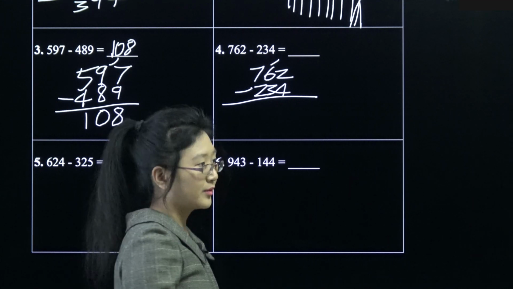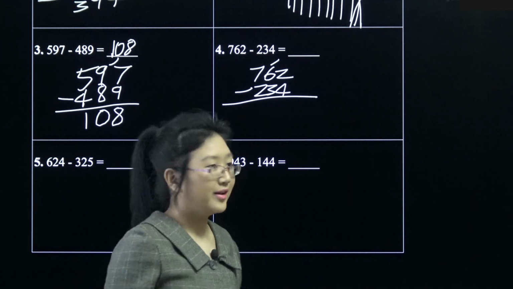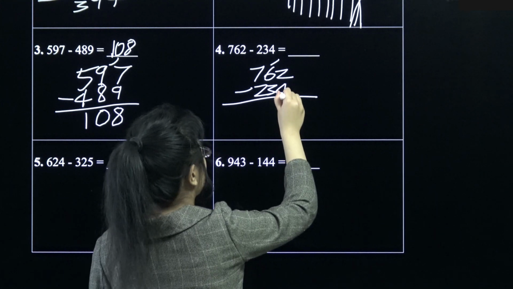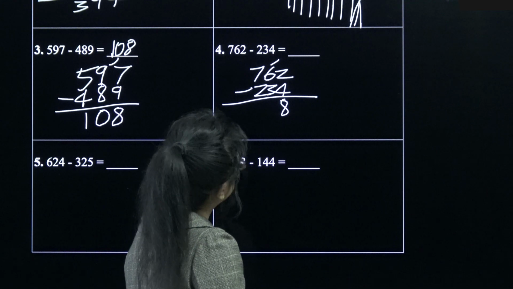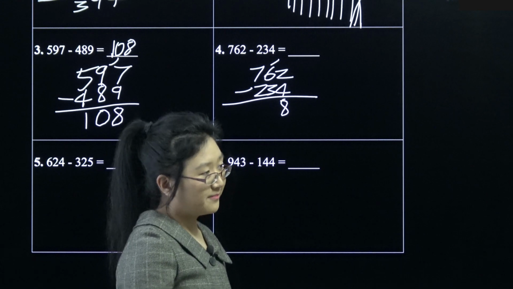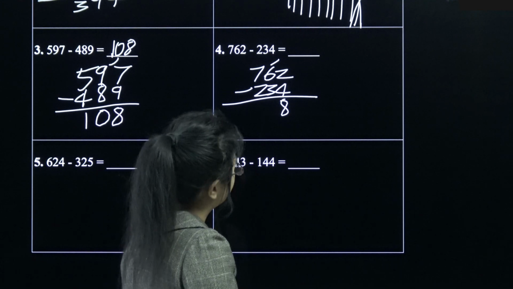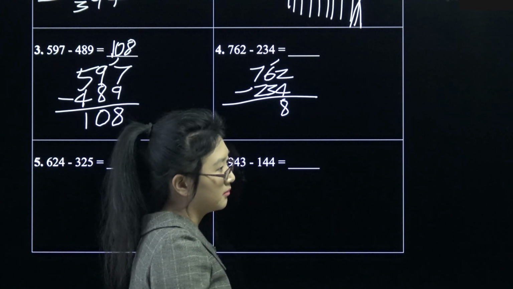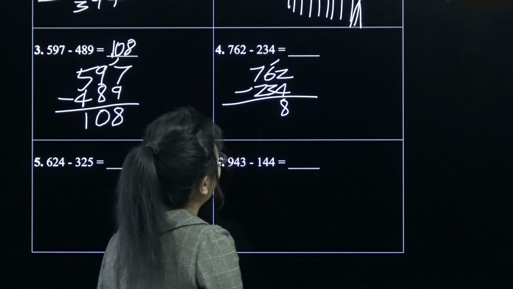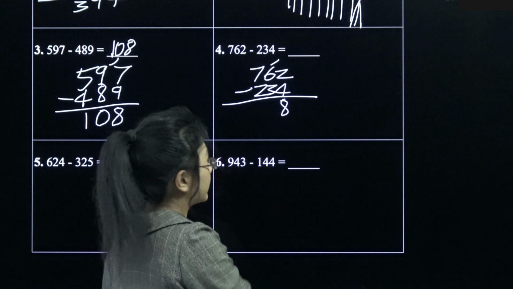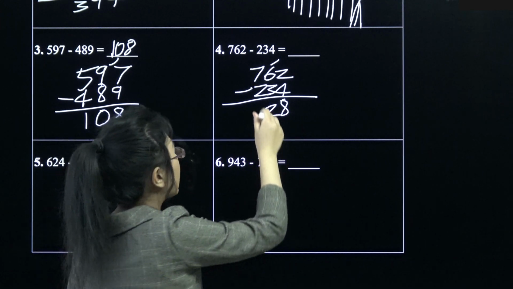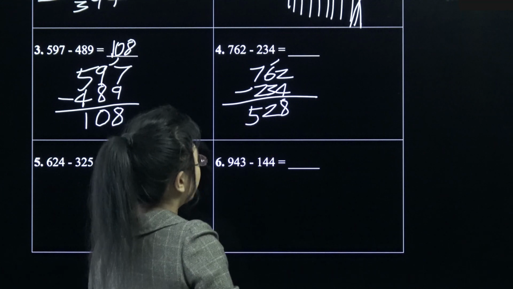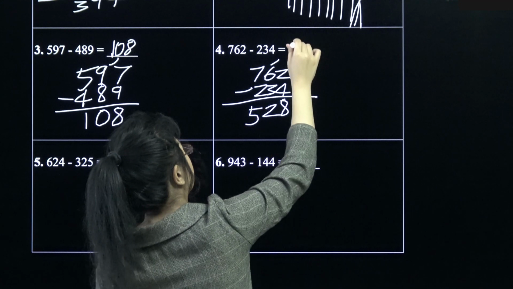We get 2 plus 10, guys, come on. 12 minus 4 equals 8. And then 6 got 1 regrouped away from it, meaning that it gets, well, 6 minus 1 equals 5. And 5 minus 3 equals 2. 7 minus 2 is 5. 528.